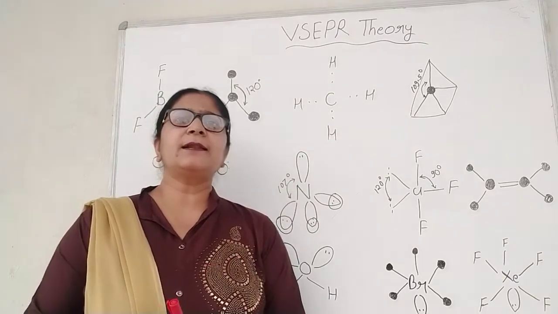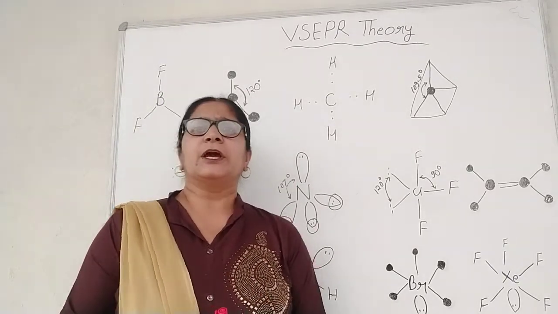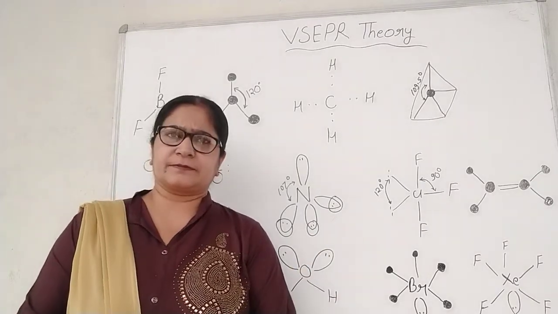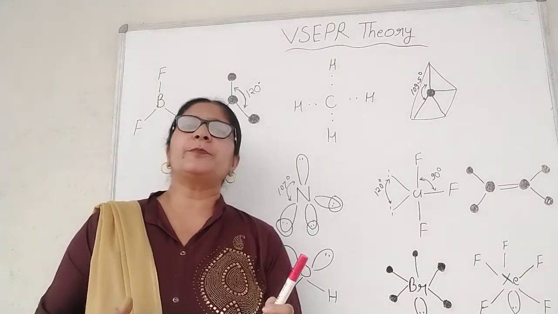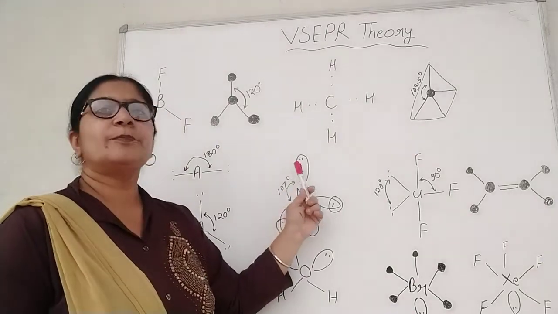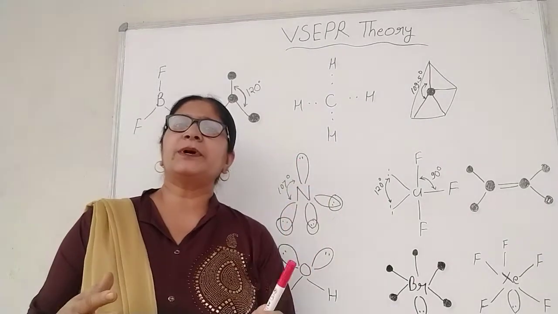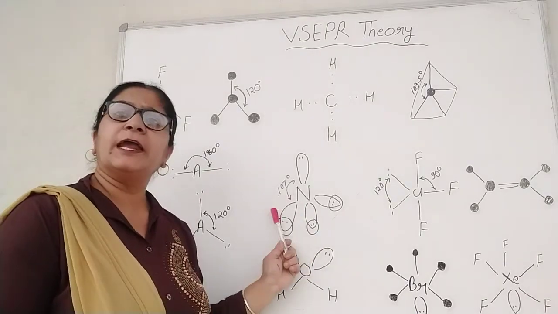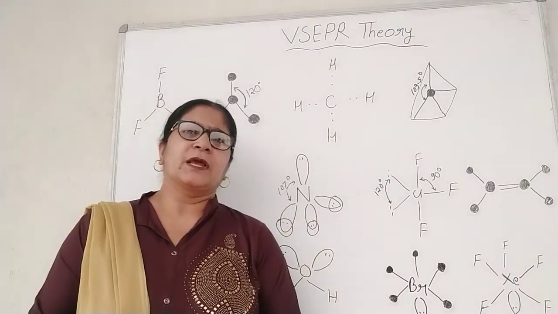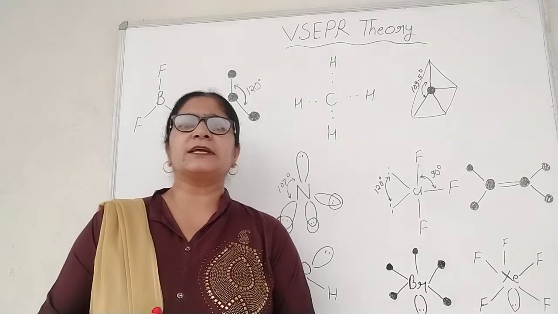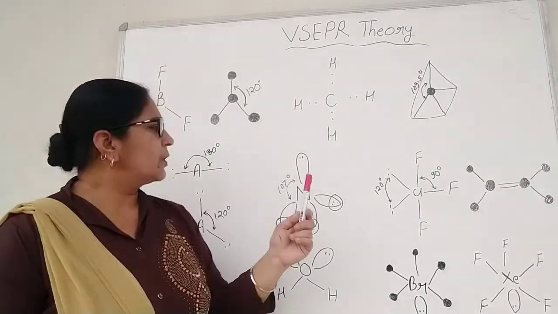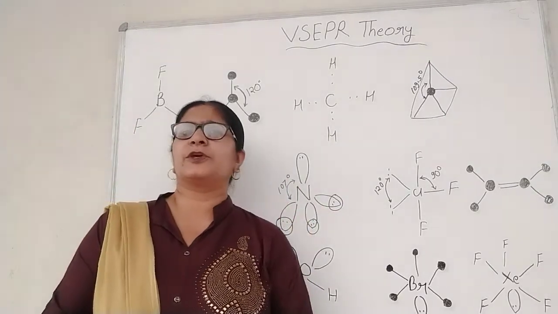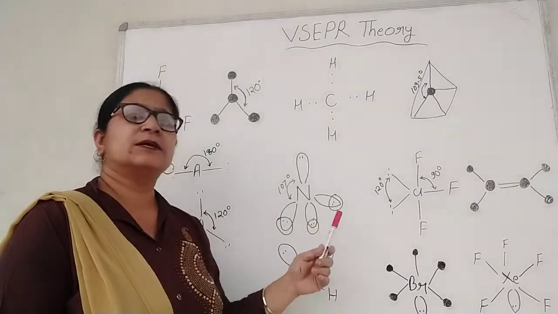The ideal geometry of a molecule with four pairs of electrons would be tetrahedral. However, the lone pair of electrons repels the N-H bonded electron pairs, thus reducing their bond angle to 107 degrees and giving the molecule a pyramidal shape.